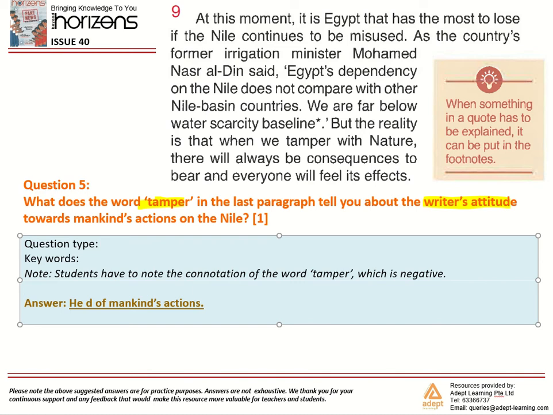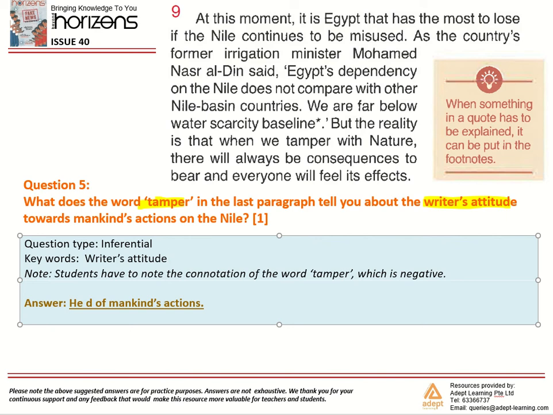Since it's not an obvious answer, it will be an inferential question. An inferential question will require you to find the contextual clues. And the contextual clues is actually also given to you. The contextual clue is the word temper. Just now I was saying that the keyword is writer's attitude. So look at this word temper. Temper means that you try to make certain adjustments that will not benefit. In fact, it will have some adverse effects.